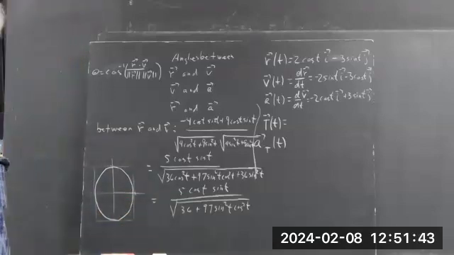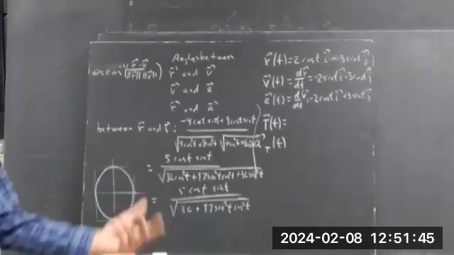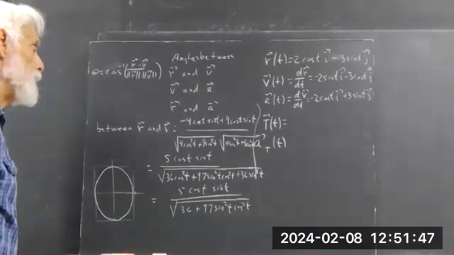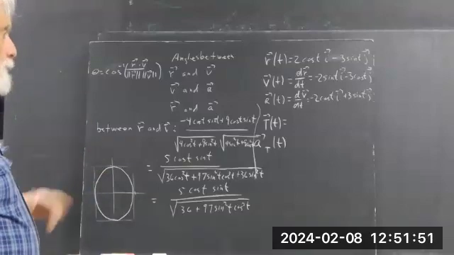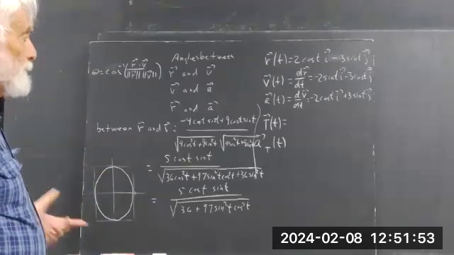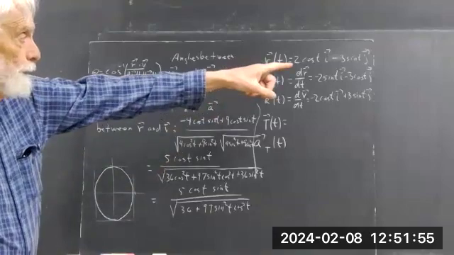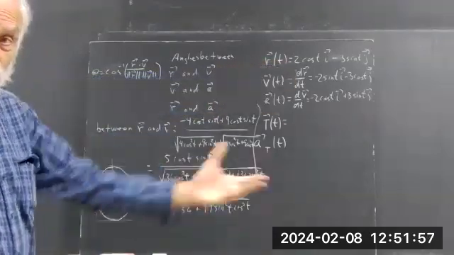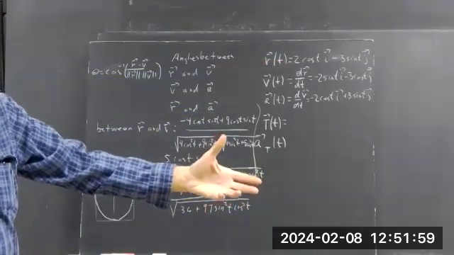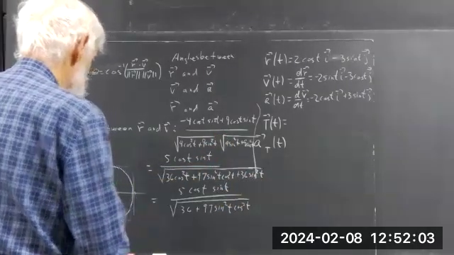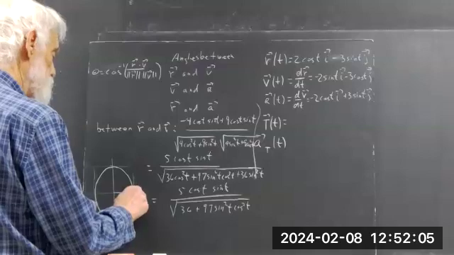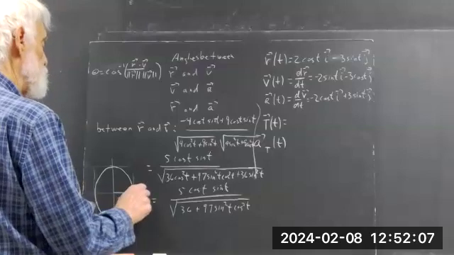Now, where do we start? At t equals 0 we're at 2i and 0j, so r of 0 is here.